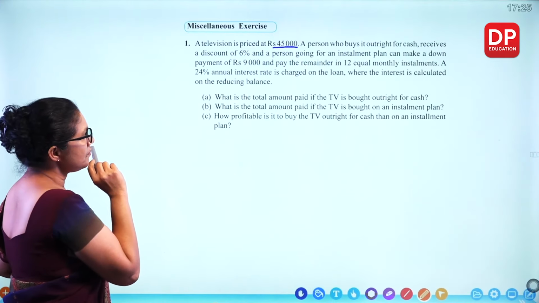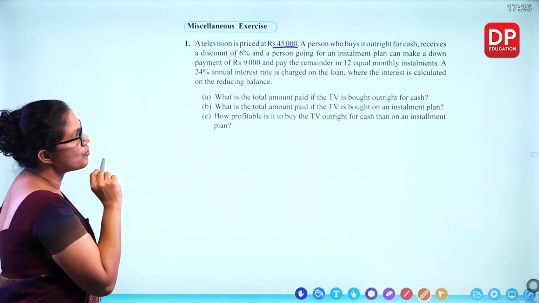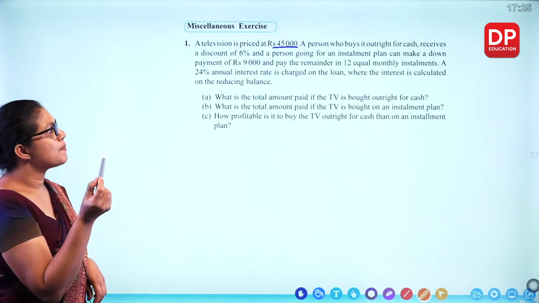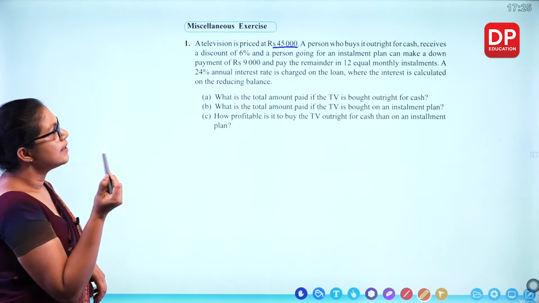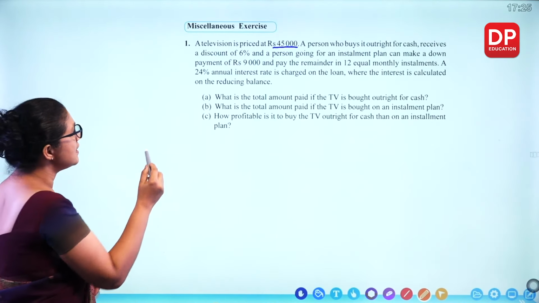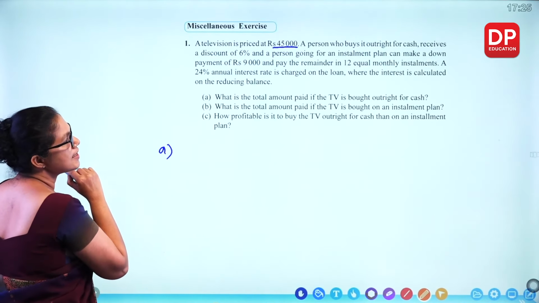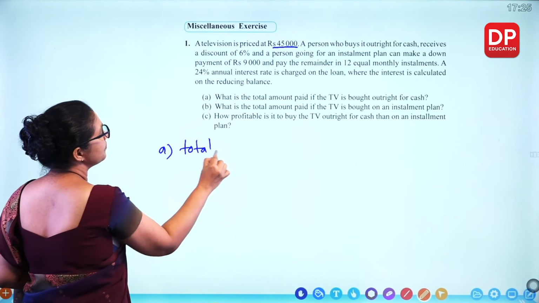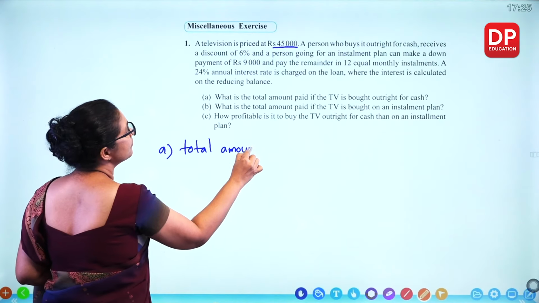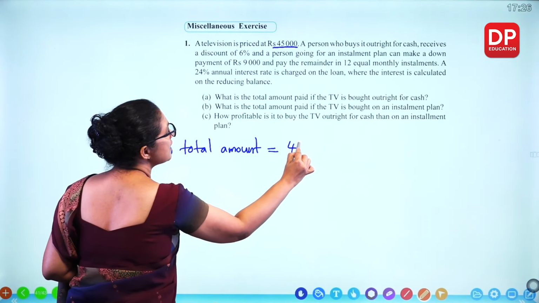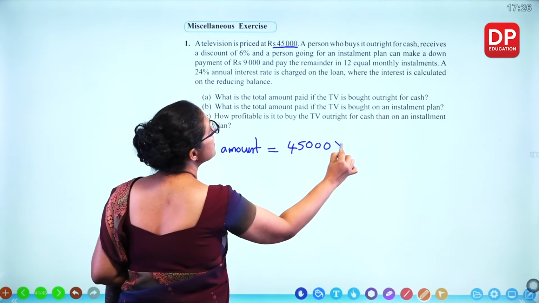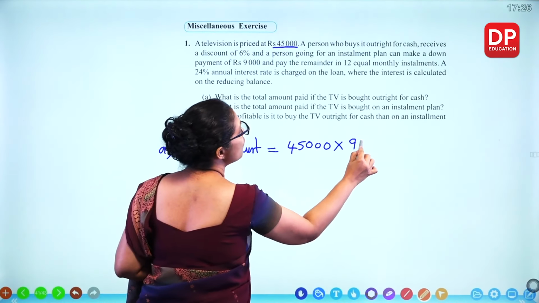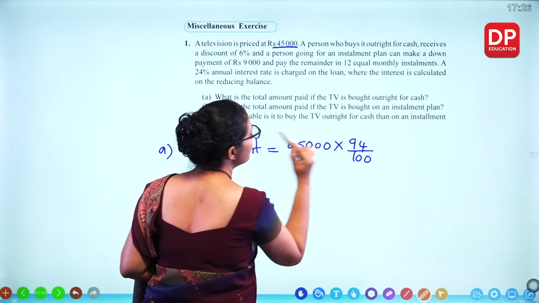So what's the price of the television? 45,000. A person who buys it outright for cash receives a discount of 6%. So straight away you can find out the total amount. 45,000 with 6% discount, that means 100 minus 6, you get 94 over 100.